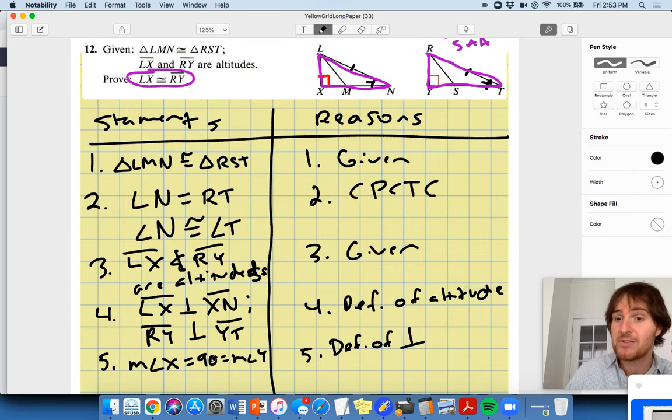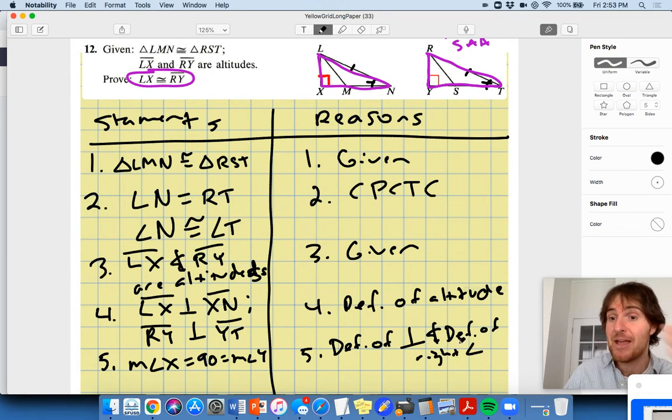But I'm not saying that they're right angles, I'm saying they're 90 degrees. So I need to use the definition of right angle, because a right angle is an angle that measures 90 degrees. So here, these are two reasons. Perpendicular lines, definition of perpendicular, are two lines that form right angles. Definition of right angle, angles that are 90 degrees. They're each 90 degrees. So this proves that we have another angle congruent to another angle.